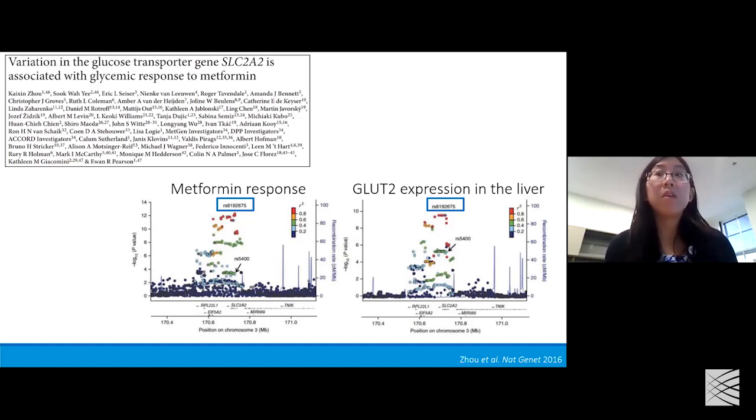And so carriers of the variant were found to have greater effect on metformin, and that effect equated to a dose of 550 milligrams of metformin. Interestingly, there's support for biological relevance where the same variant influenced GLUT2 expression in the liver as well.